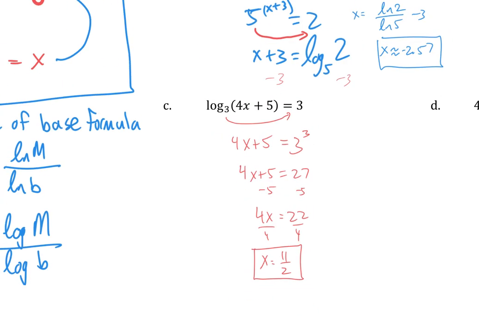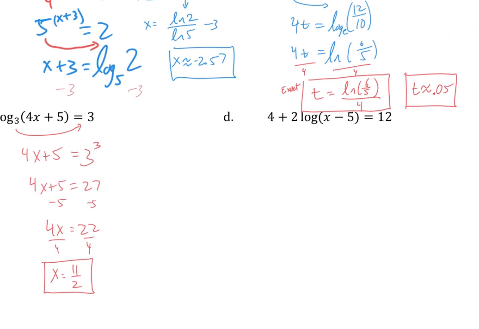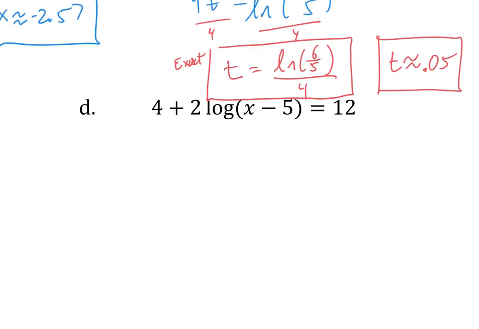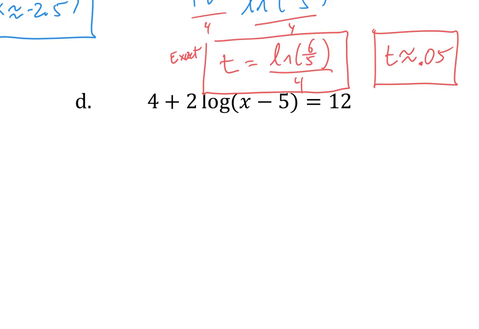And D here, if we subtract 4, 2 log of x minus 5 equals 8. Divide by 2.